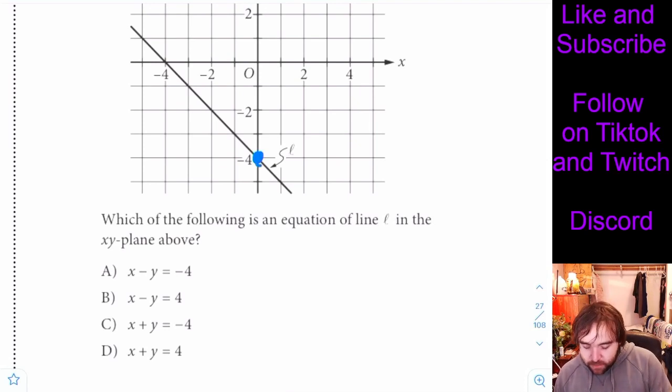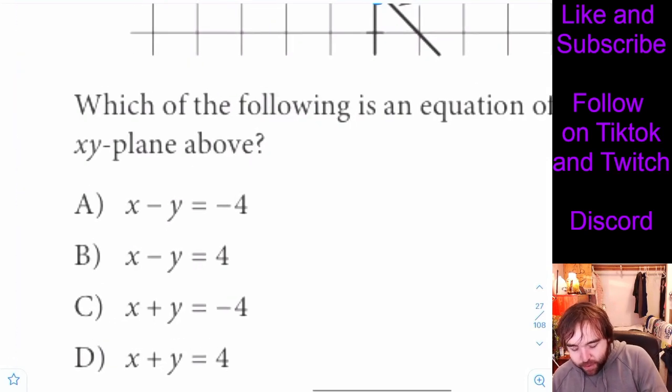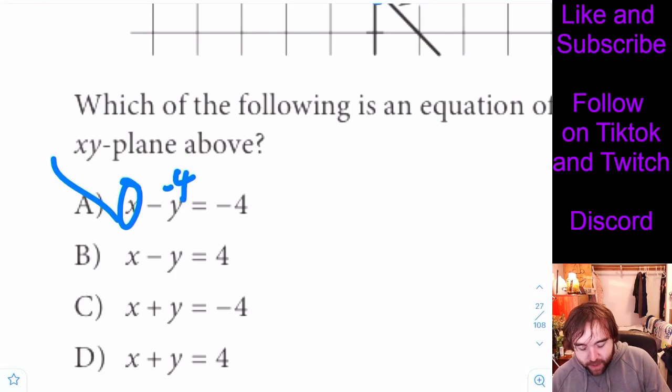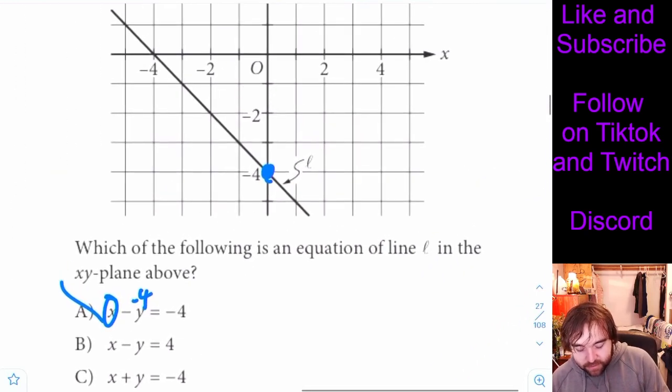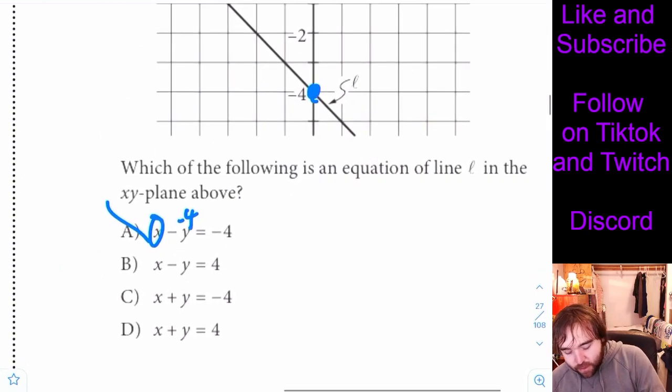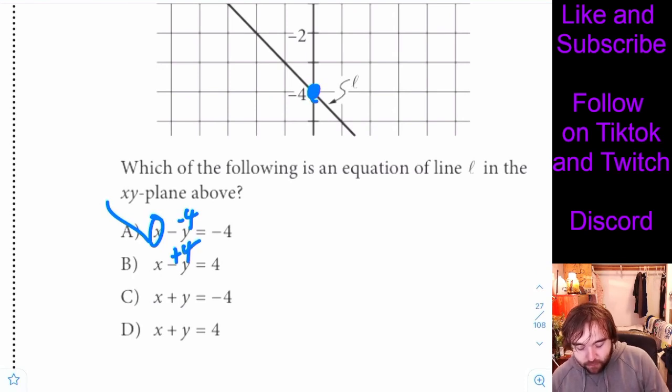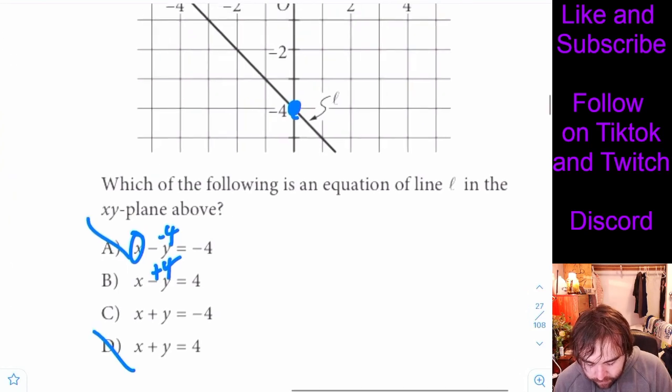So let's see, when we plug in x equals 0, and y is negative 4, that gets us a positive 4, not a negative 4. So A doesn't work. Let's see, if x equals 0 and ends up being plus 4, that works. If x equals 0 and y is negative 4, C works. If x equals 0 and y is negative 4, D does not work. So at this point, we're between B and C.